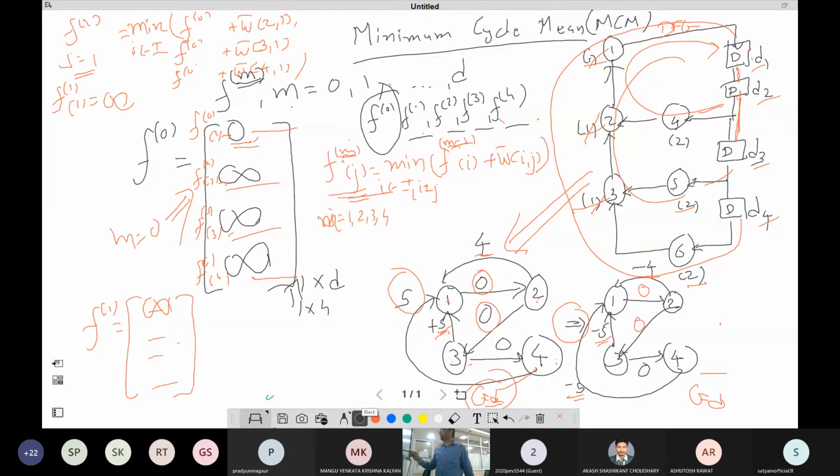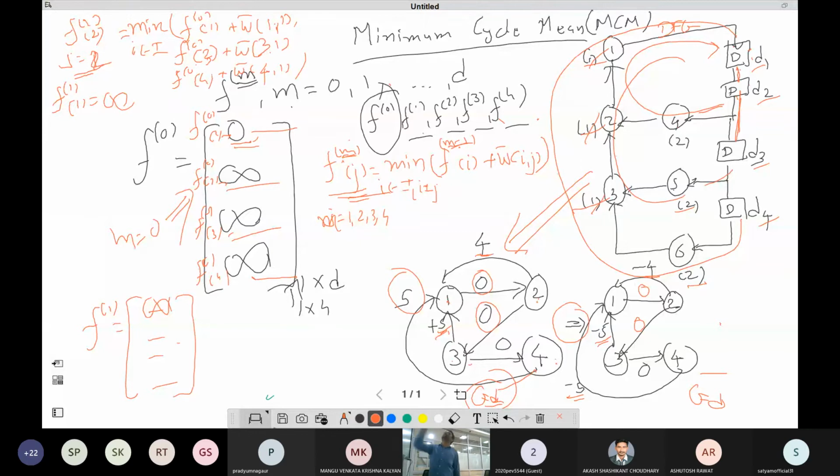So f of 0, 1, and f of 0, 3 with w bar 3 to 2, because 2 cannot be taken because j is equal to 2 over here. Okay, so it is 3 to 2, and f of 0, 4, it is 4 to 2.